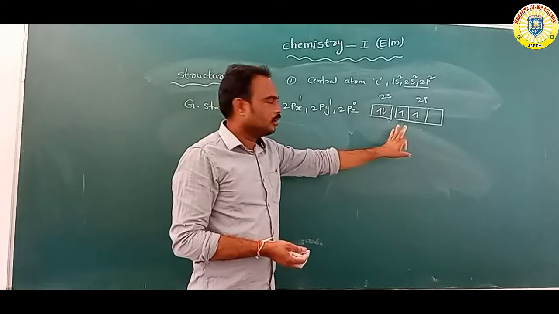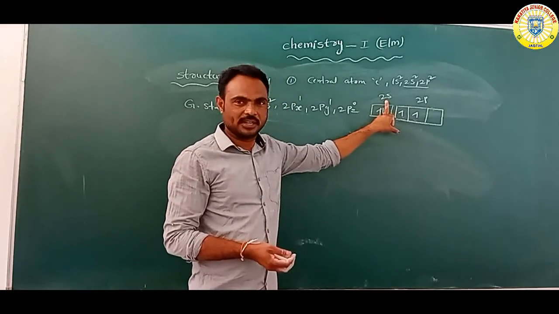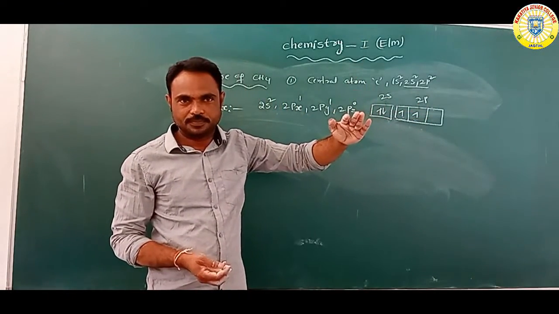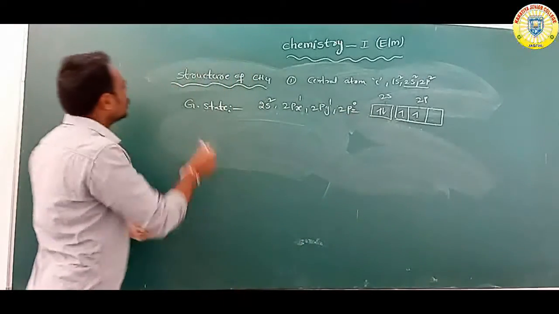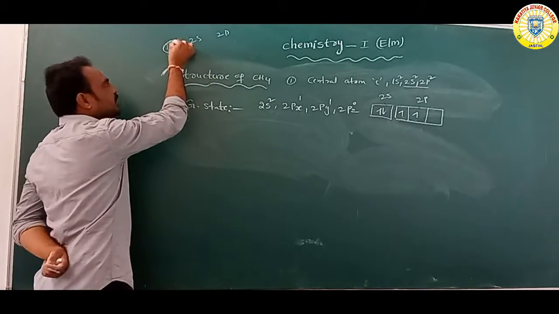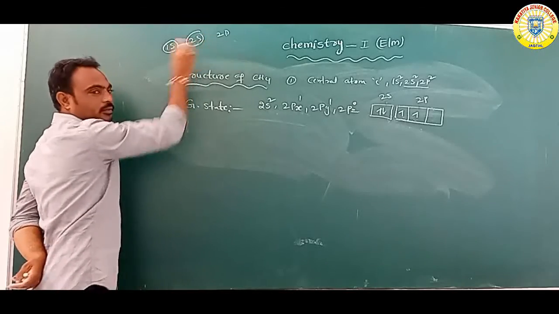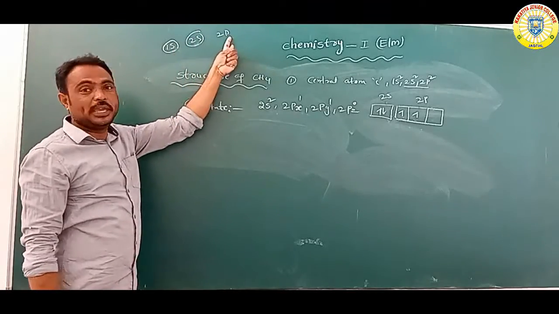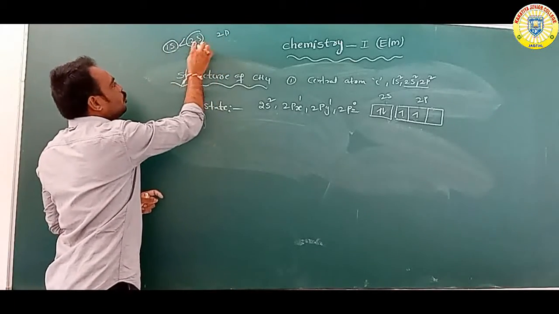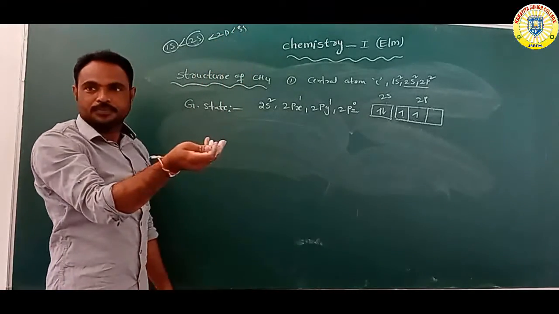The 2s orbital is a lower energy shell, and the 2p orbital is a higher energy shell. 1s is less than 2s, which is less than 2p, which is less than 3s.